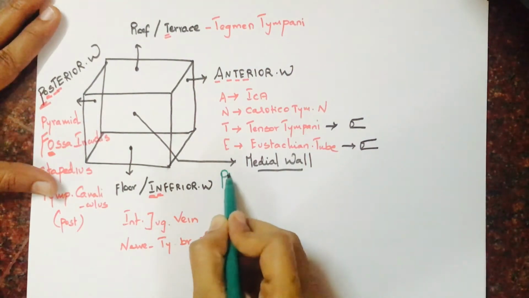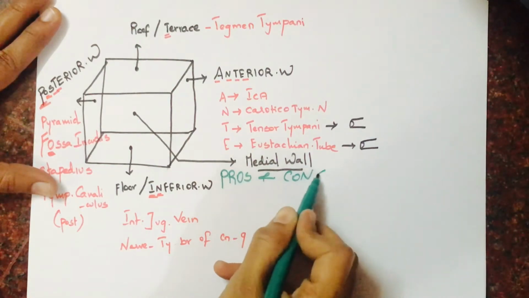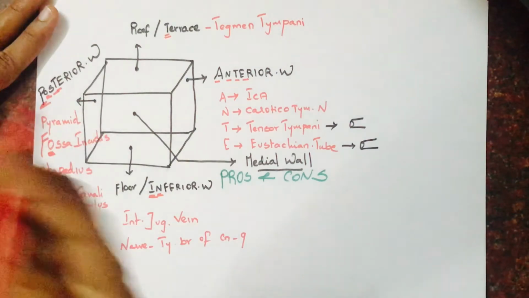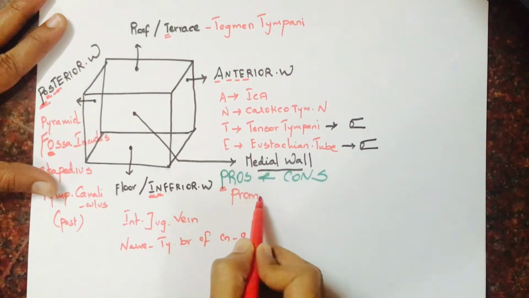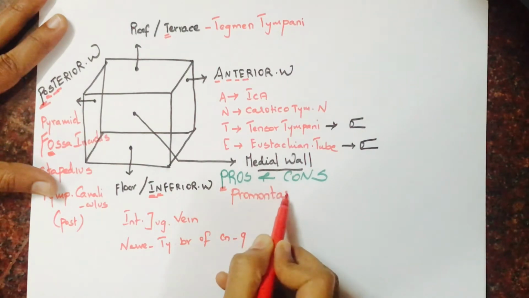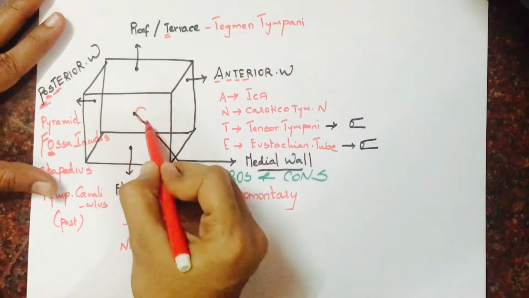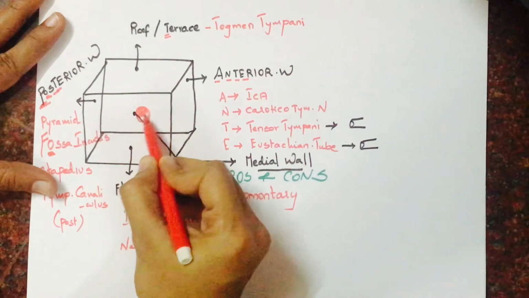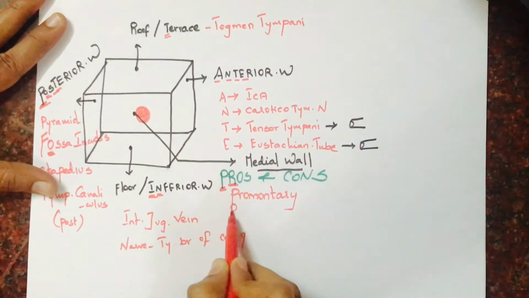So it has both pros and cons. Now the structures are: P stands for promontory. So what is promontory? It is a bulge produced by basal turn of cochlea into the middle ear cavity.